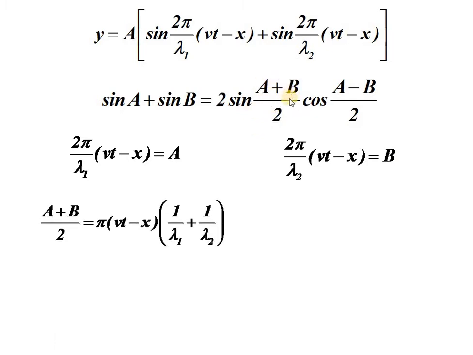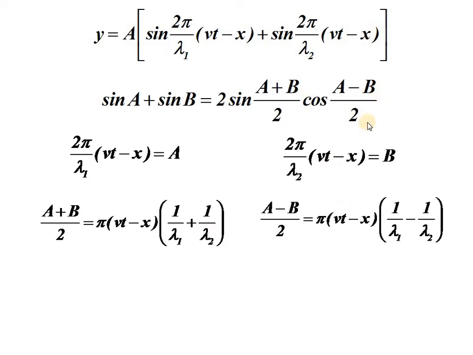A plus B by 2 will give you pi (vt minus x) times (1 by lambda 1 plus 1 by lambda 2). And what about (A minus B) by 2? Of course, you subtract them and divide by 2, so you will get pi (vt minus x) times (1 by lambda 1 minus 1 by lambda 2).